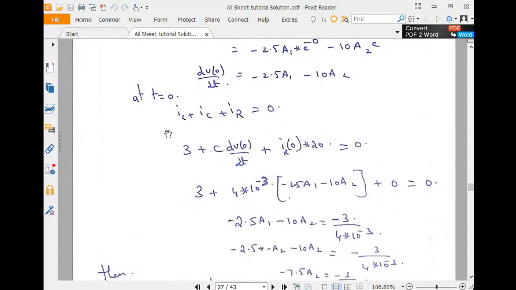Now using the standard equation, IL plus IC plus IR equal to 0.